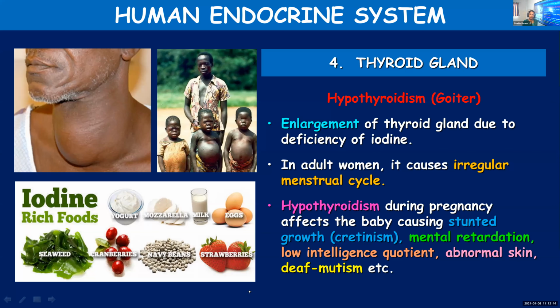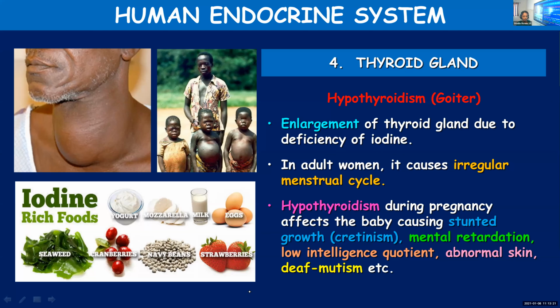So many defects can arise if we don't have sufficient amount of iodine in your body, because lack of iodine can interfere with the proper functioning of the thyroid gland. Thyroid gland won't be able to produce sufficient amount of thyroid hormones, and it can lead to so many serious complications. Once again, when the thyroid gland enlarges because of the deficiency of iodine, it results in a situation known as hypothyroidism, better known as goiter.